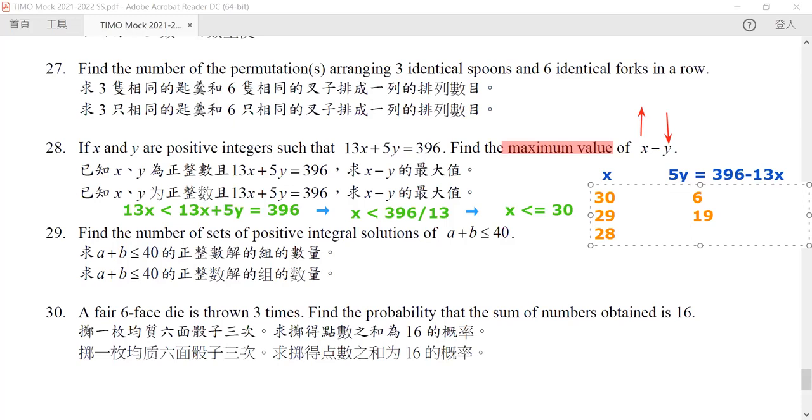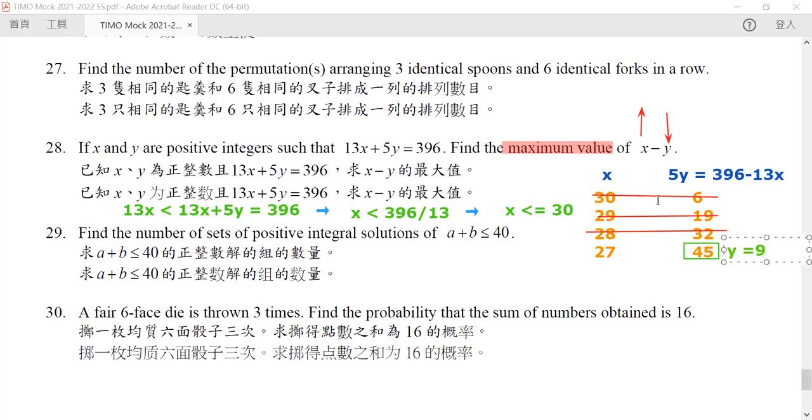How about 28? Again, not possible. It is only possible when x is 27, in which case 5y is 45. All the higher values are impossible because 5y is not a multiple of 5. Only when x is equal to 27 do we have our y. In that case, y is equal to 9.